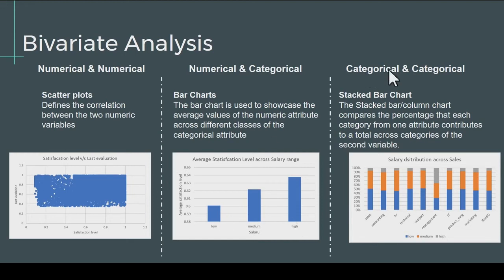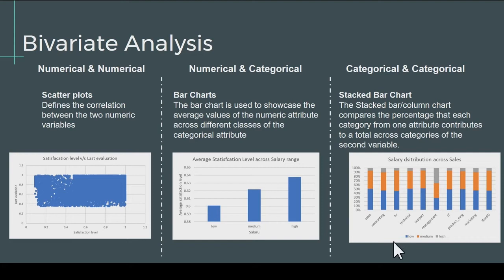The last scenario is when both the variables are categorical. So what do we do over here? We look into the frequency distribution of one categorical variable across each level in the other categorical variable. In this example, again we've taken a very simple example.